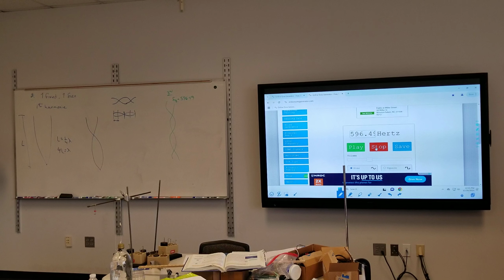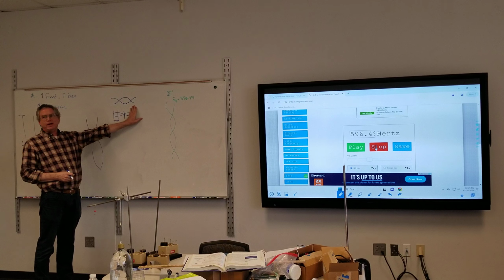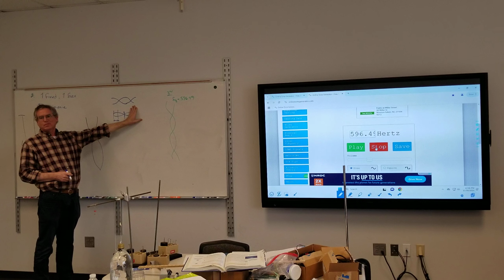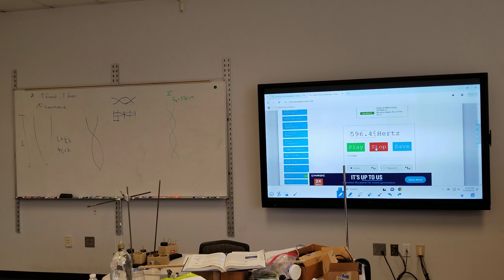Not 3, if you're stopping there. So it's as if we've got our full wave right here, and we just took off that end. One and a half. Not 1.5 waves, 1.5 loops.